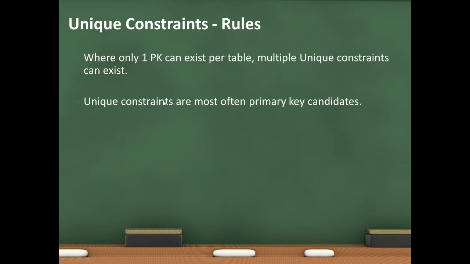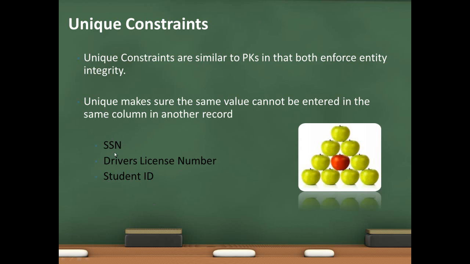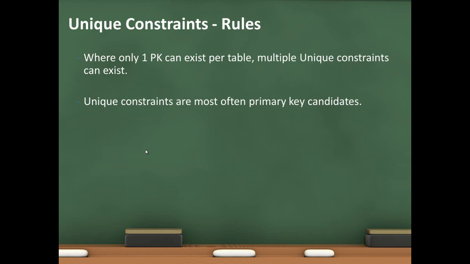So whereas I can only have one primary key per table, I can have as many unique constraints as I want. And I could also say that a unique constraint is a primary key candidate, which means if I went back to this original design here and I had these fields and I'm looking at these fields, any one of these fields in essence could be my primary key, would uniquely identify a user, and I have to pick from these which one I want to be my primary key, and then I would make the rest of them a unique key.